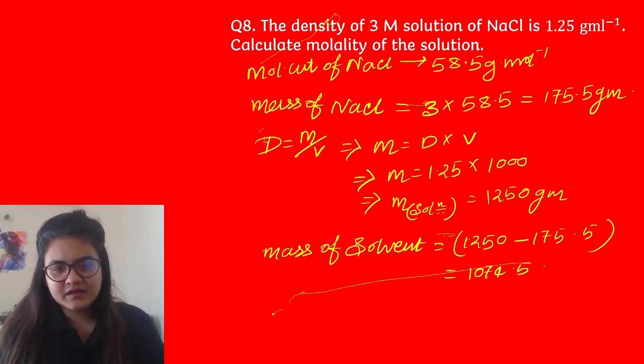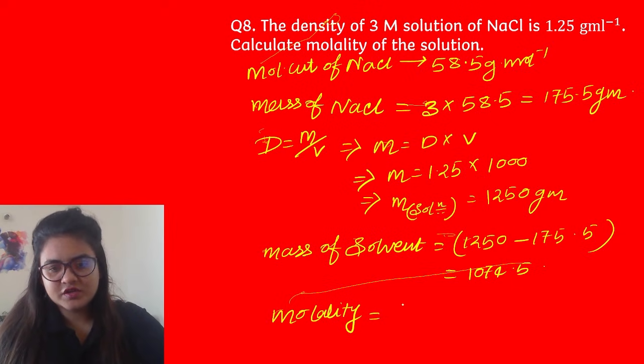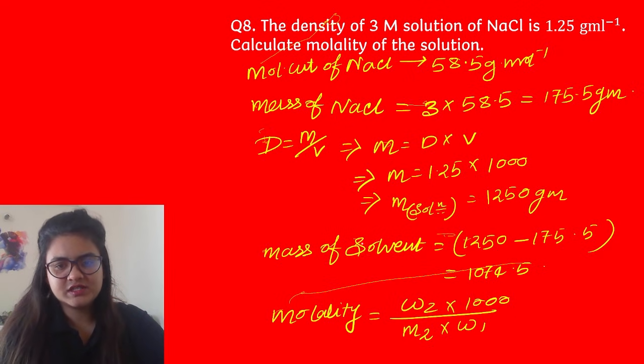Now simply calculate the molarity. So just put the formula, that is the mass of solute, let's say W2 by M2 into W1 into 1000. Let me just put it here.